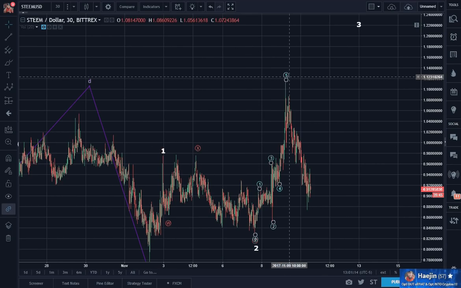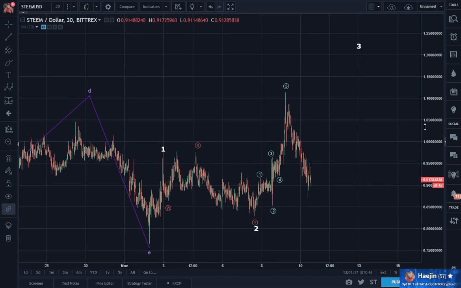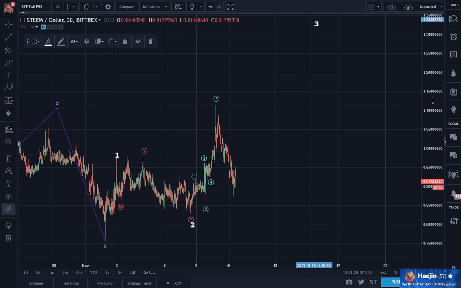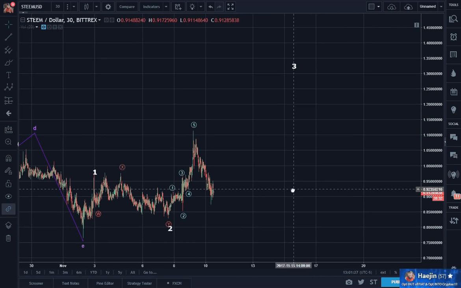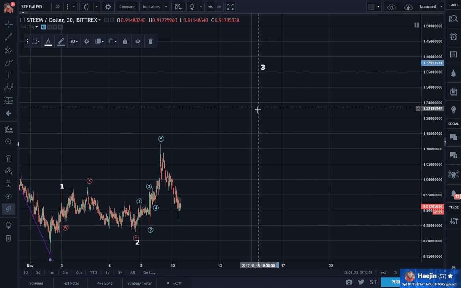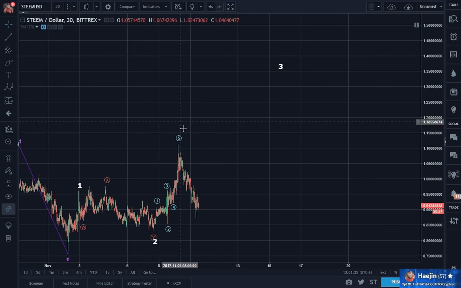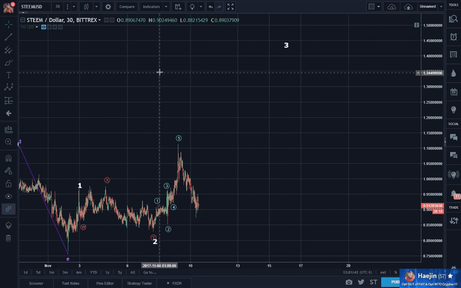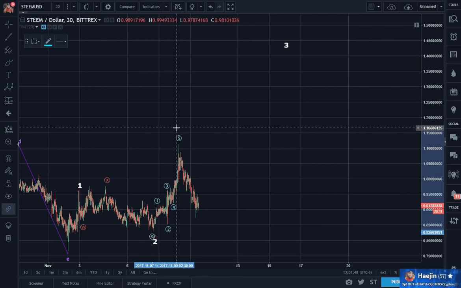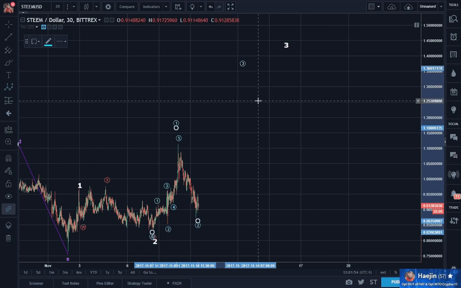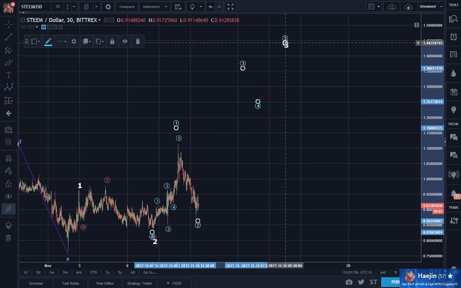The blue waves, therefore, I'll have to shrink this down to be able to fit everything in. One, 2, 3, 4, 5.